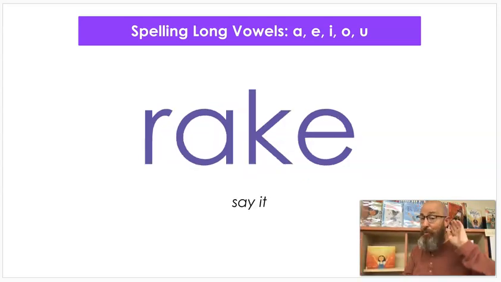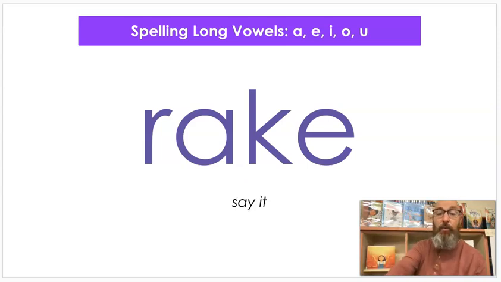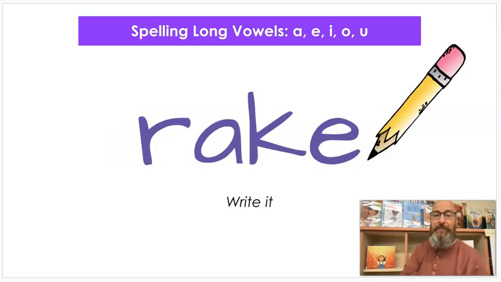What's our next word? Rake. Say rake. Map the sounds. R, A, K. Rake. Spell it. R, A, K, E. Rake. Write it.